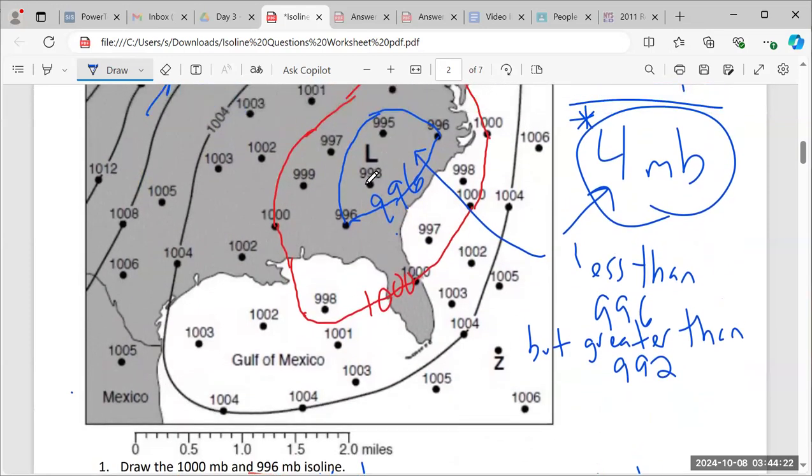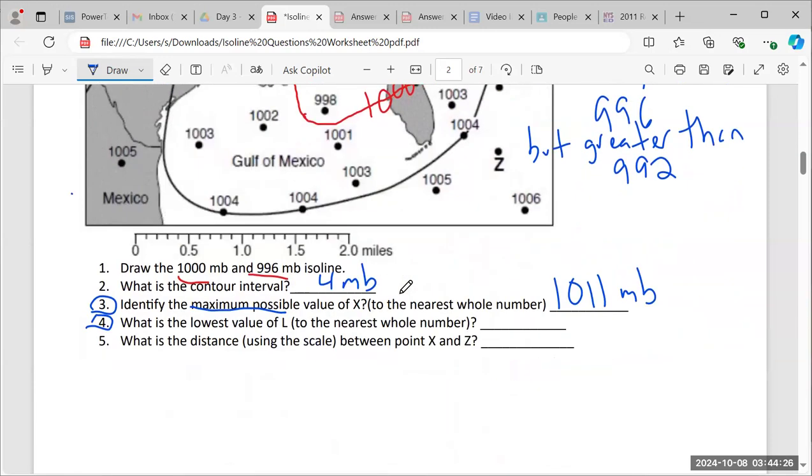There isn't a 992 isoline, so the next lowest number would be 993.